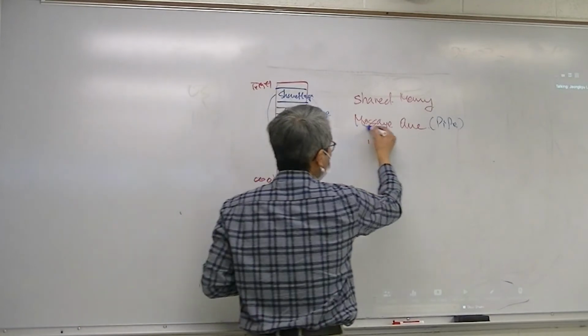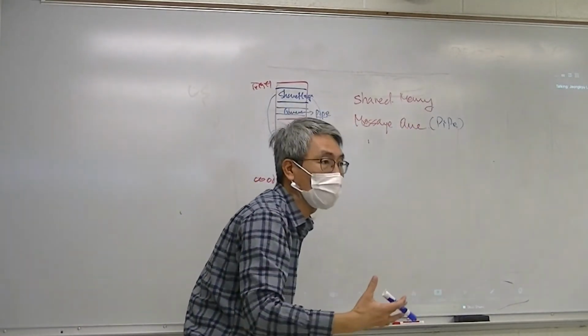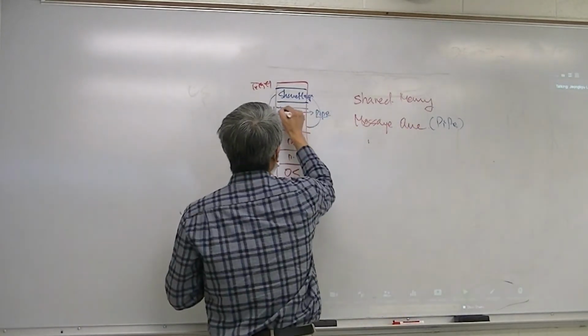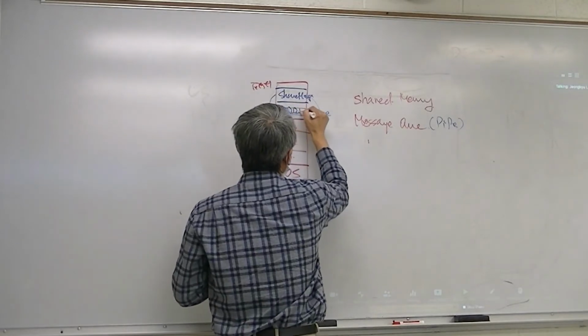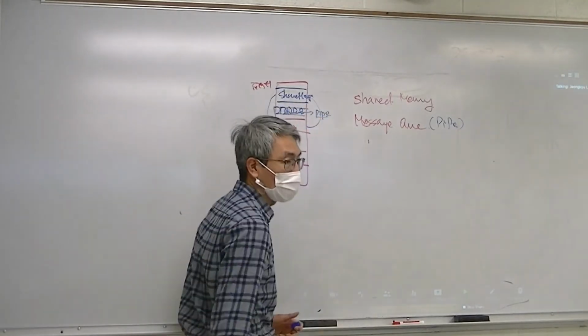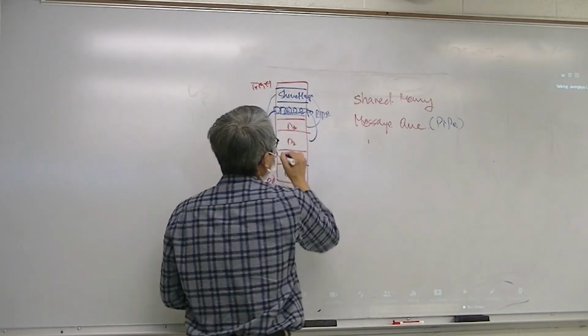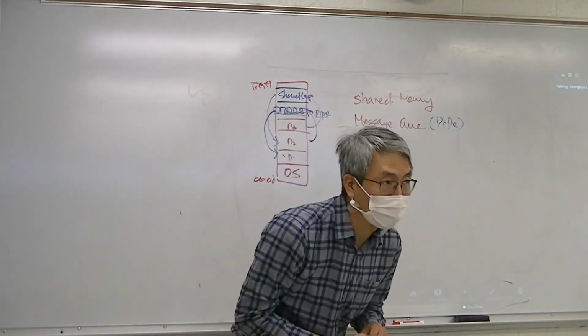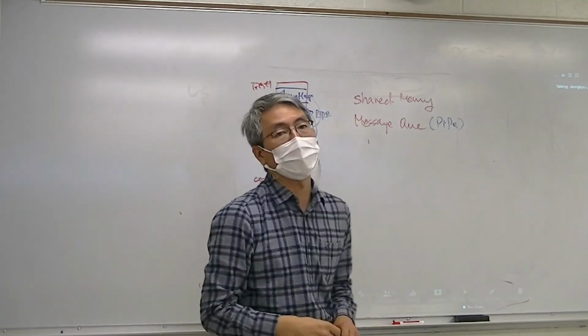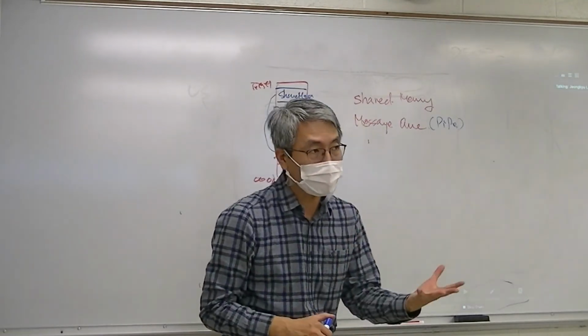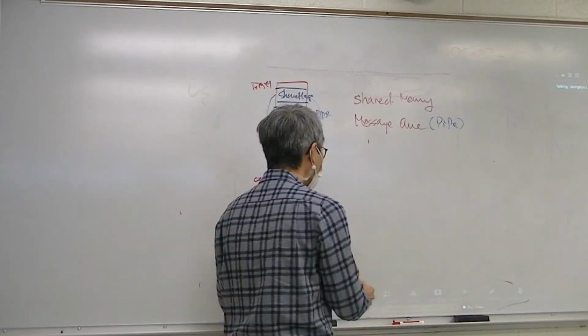But the message queue is based on the queue structure. It's first in, first out. There is a message like that. This one is called the pipe. So you can put the message over here, and another process can take the message from the pipe. So this is another approach for the communication.